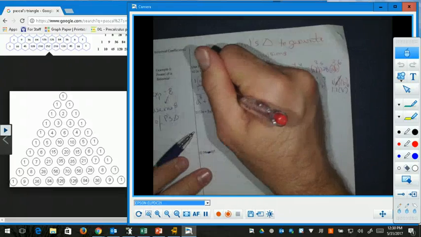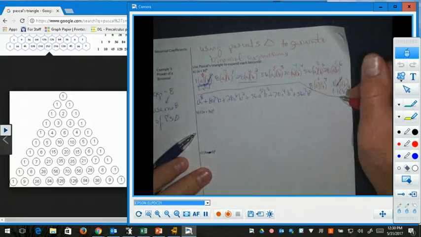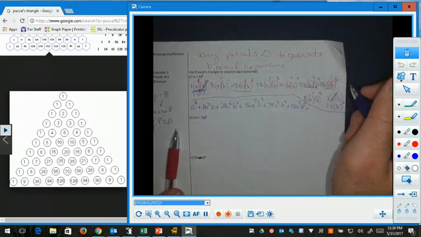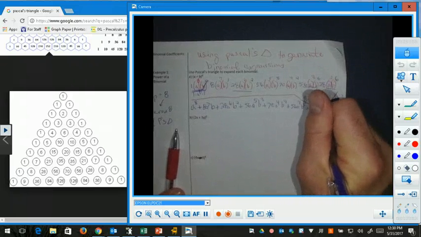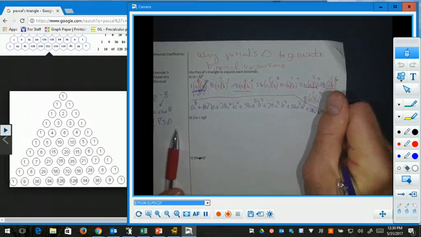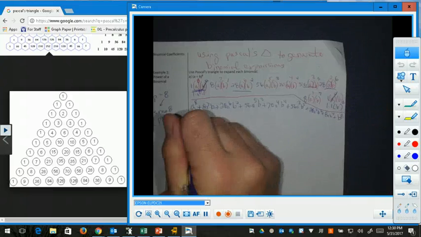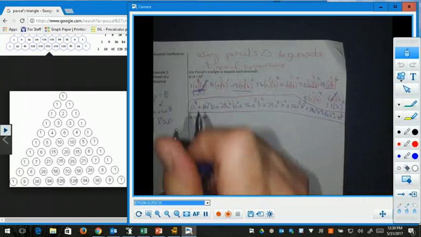And I'm going to do a line here so I don't confuse the work that I have shown with my answer. Plus, I just did this one, 28a squared b to the 6th, plus 8ab to the 7th, plus b to the 8th. There is my final answer.